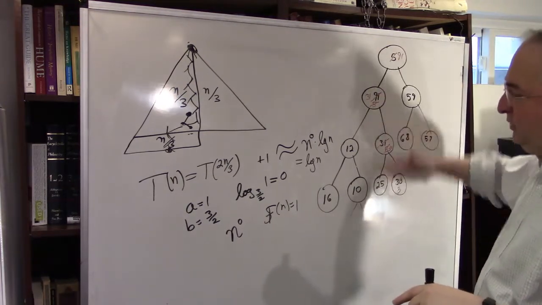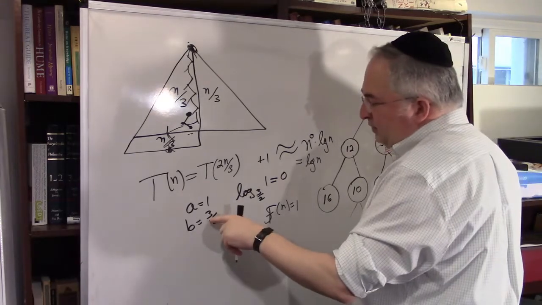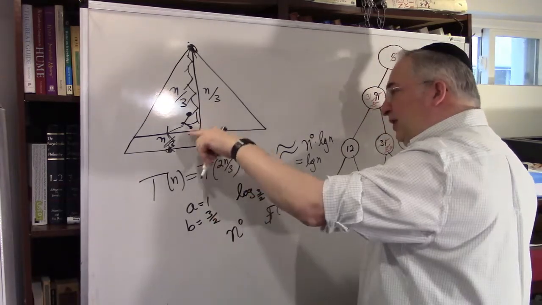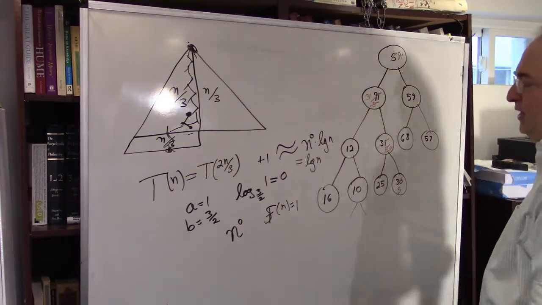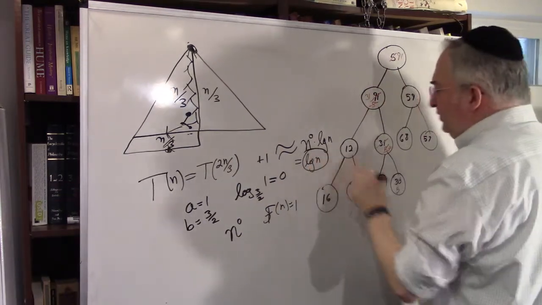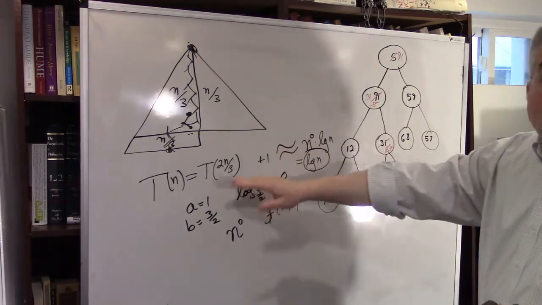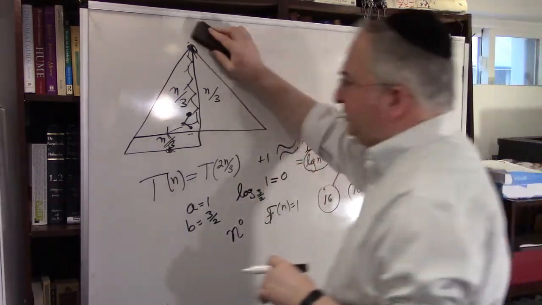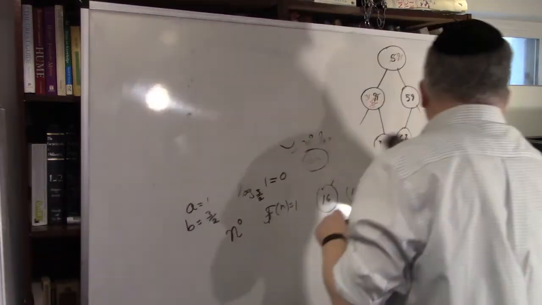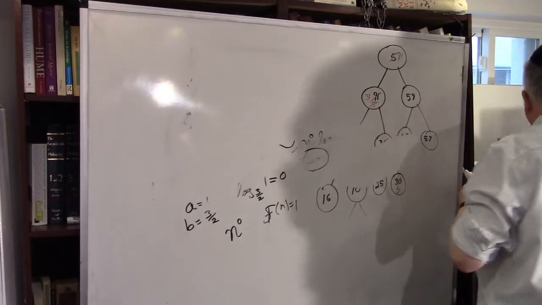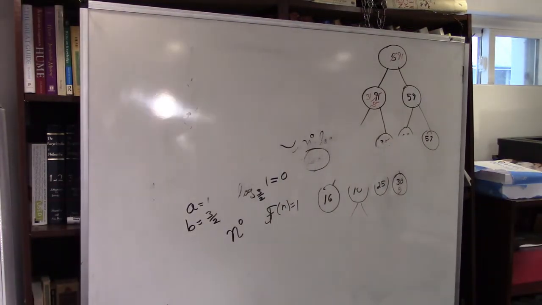It's about log of n, but with log base 3 over 2 it's not really log of n because you can go further down. But up to a constant, it's log of n. So that's how much work is done. We gave the intuition, but then we formally did it with the master theorem. Make sure you know the master theorem. Great, so we know how much work is done with that.